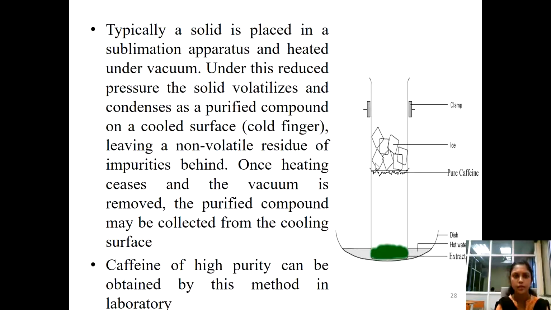Under this reduced pressure, the solid volatilizes and condenses as a purified compound on a cold surface, leaving a non-volatile residue of impurities behind. Once heating ceases and the vacuum is removed, the purified compound may be collected from the cooling surface. Caffeine of high purity can be obtained by this method in the laboratory.